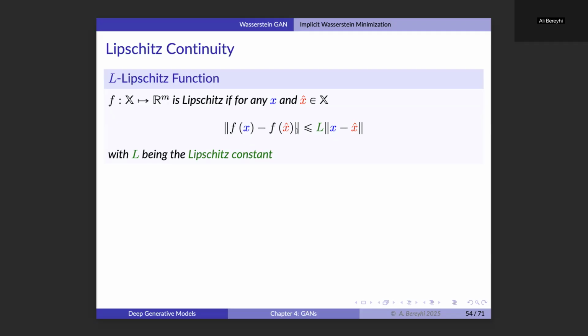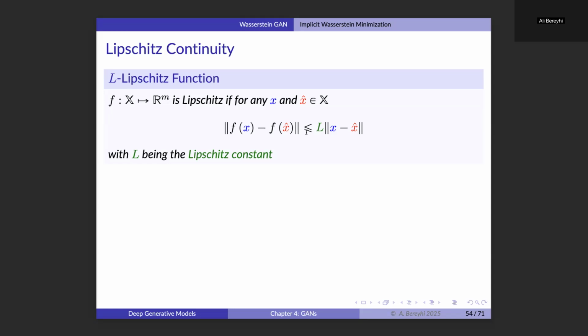What you want is for this difference to be smaller than some constant times the difference between x and x hat. So this means that the derivative of your function f, in the neighborhood of two very close points x and x hat, should not be very, very large. It cannot exceed a constant L, right?